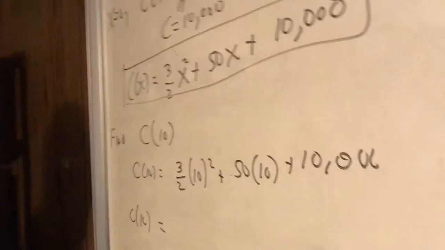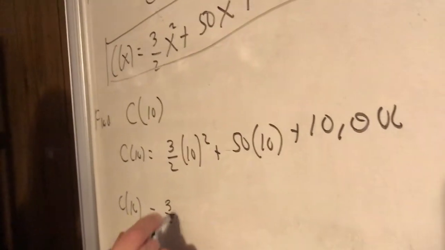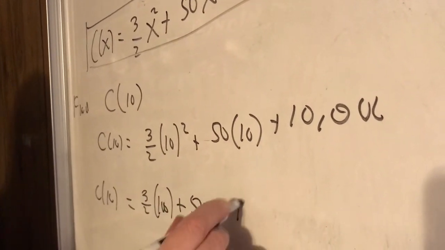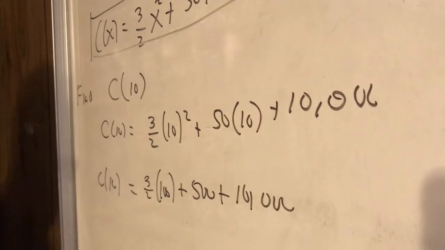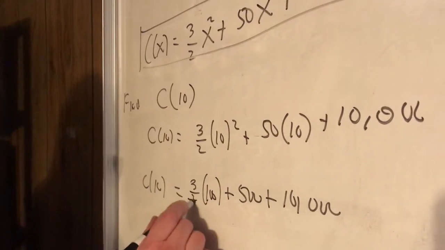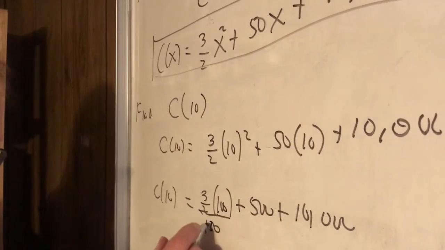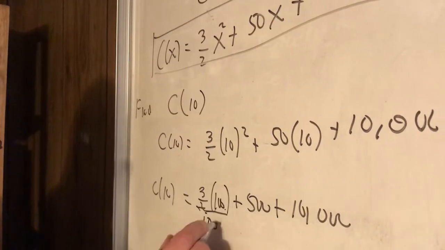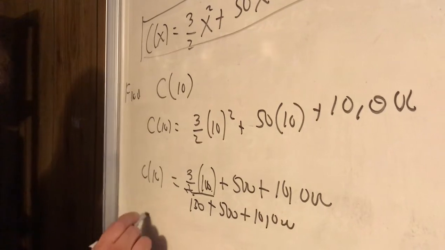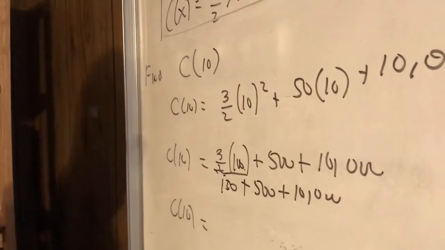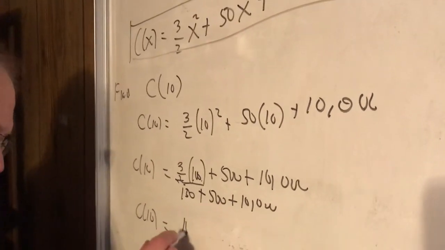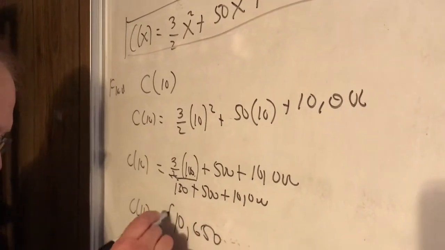This would be 100, so 3/2 of 100 plus 500 plus 10,000. 2 goes into 150, so that's 150 plus 500 plus 10,000. So C(10) would be equal to 10,650. Right? Yep, I'm with you, 10,650.